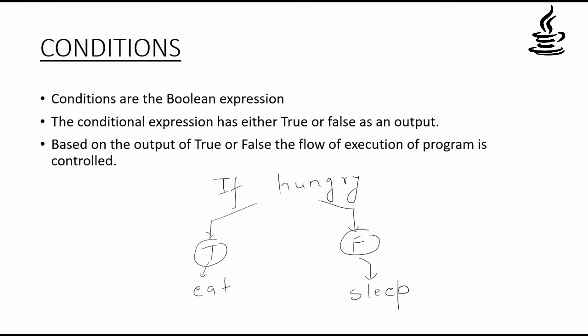So according to the condition, the program will be executed. In layman's terms, we can say that a condition will either be met or not be met. So conditions are these Boolean expressions according to which we control our program.